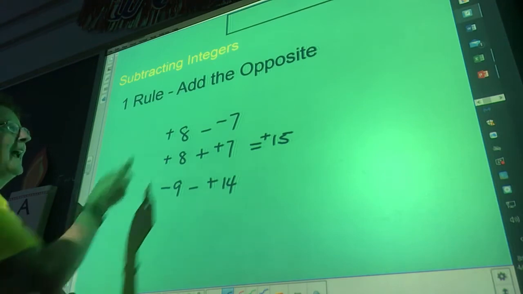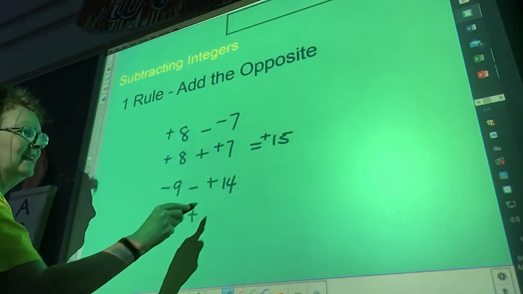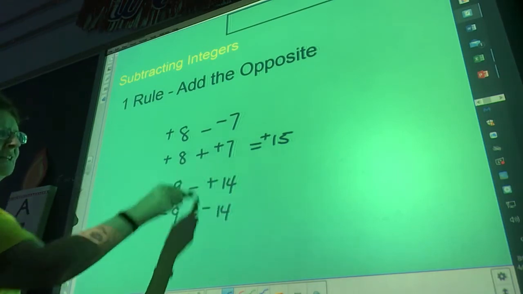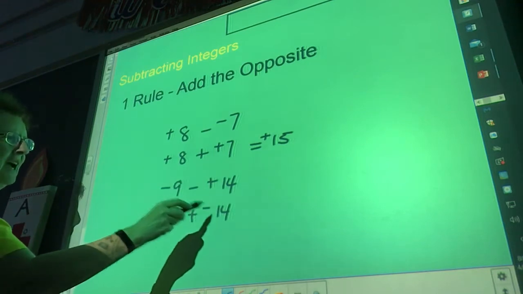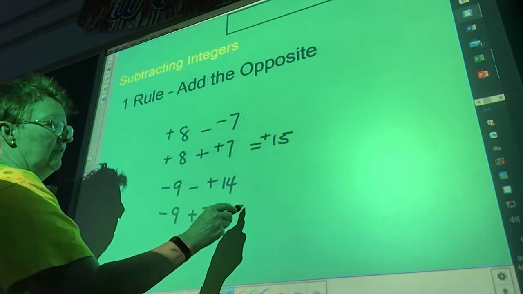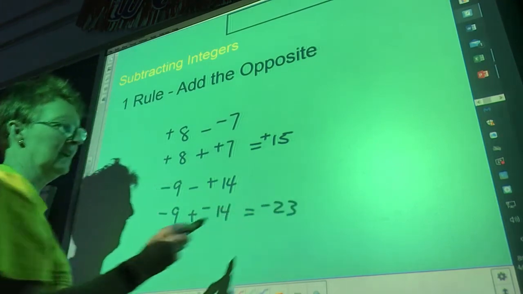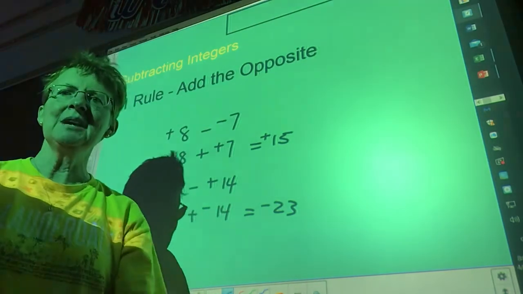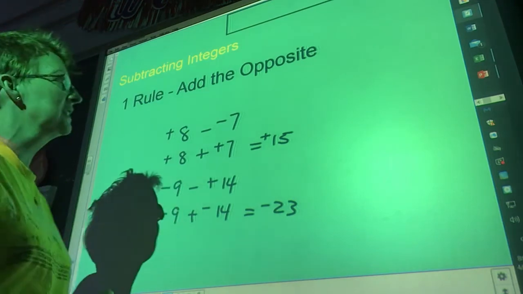So I'm going to add the opposite, which means the first number stays the same, and I add a negative 14, because I'm changing the positive 14 to a negative number. Negative 9 plus negative 14 is going to be a negative 23. Now guys, if you have any questions about this, email me or let me know so that I can help you be successful on your test tomorrow.